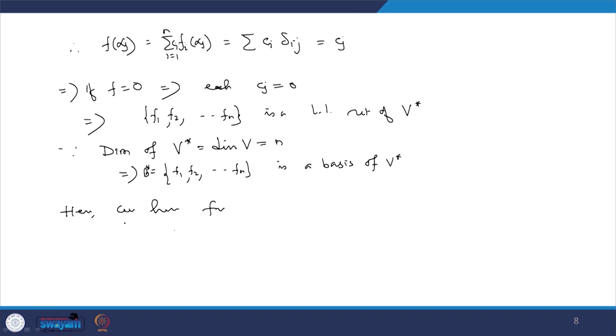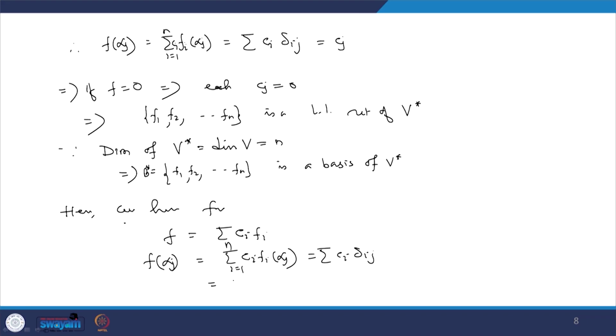So, here we have for f equal to sigma Ci Fi, f of alpha j equal to sigma Ci Fi of alpha j, i equal to 1 to n. So, what is this? This is equal to sigma, as I have written, Ci delta ij.